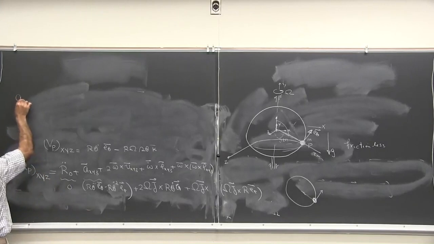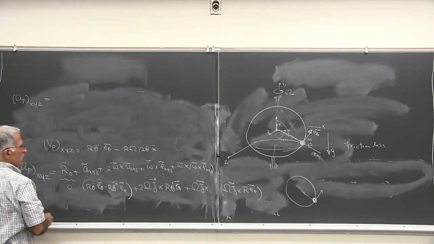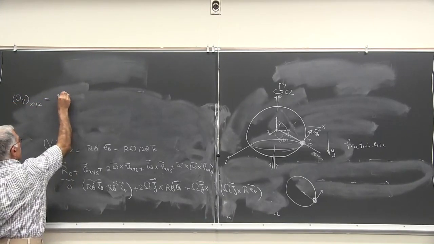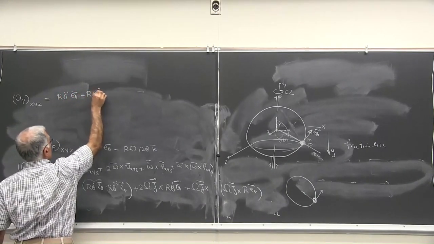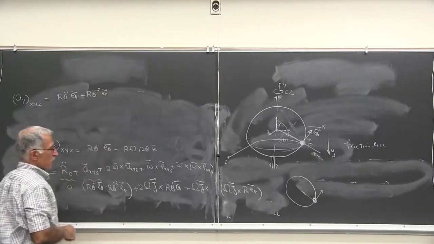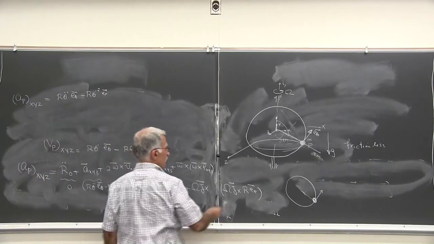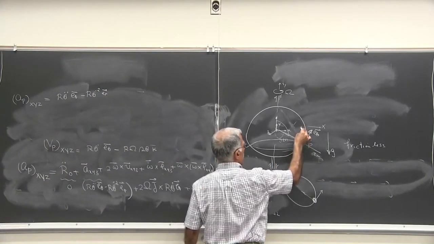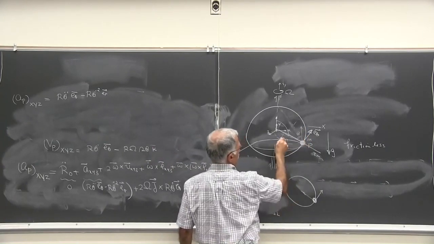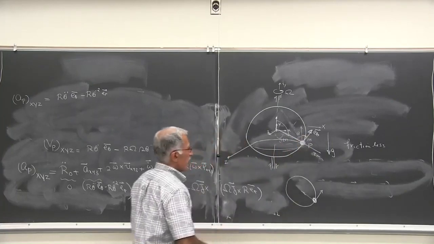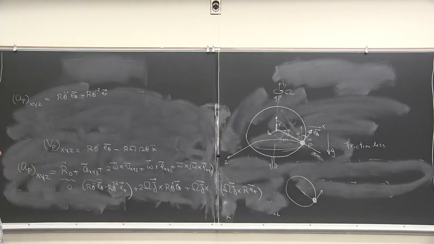So acceleration of point P with respect to the main reference frame is equal to r theta double dot e_theta minus r theta dot square e_r, plus 2 omega J times r theta dot e_theta. So this is your e_theta, this is your J, and this is theta, and this one is pi over 2 minus theta, and J times e_theta again is negative K cosine theta.